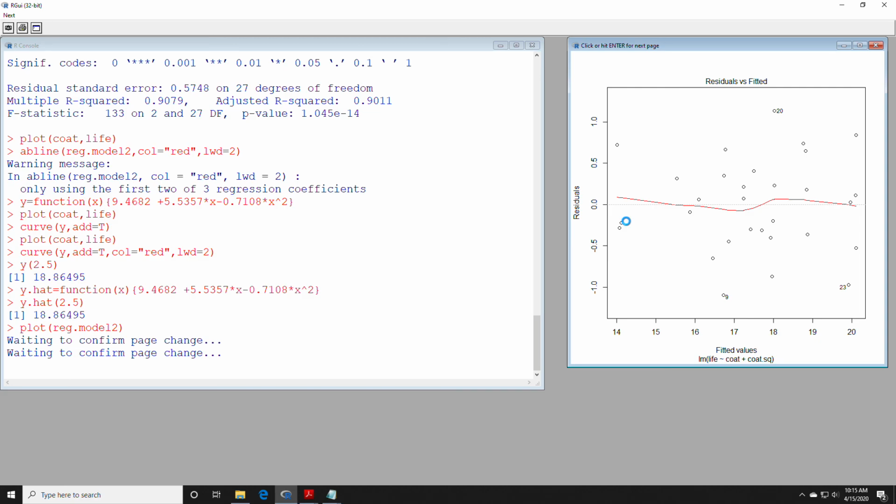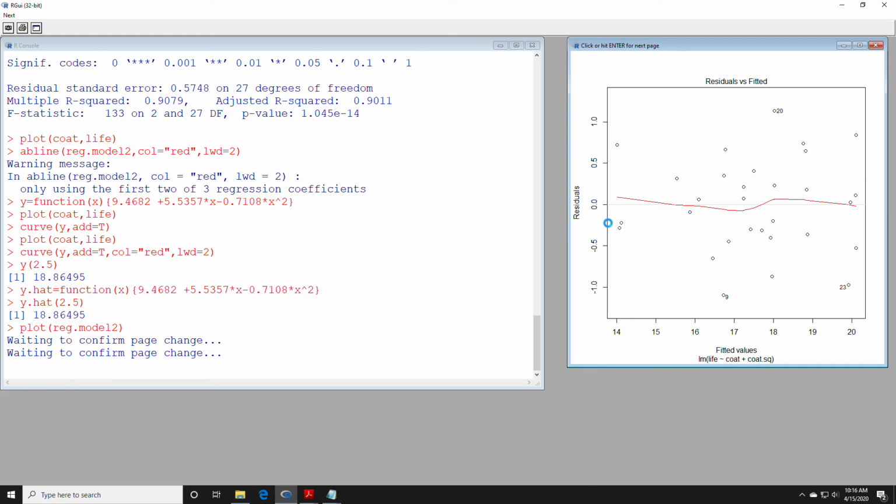The first graph that it's going to give you is the residual plot. Recall, this is where we can check all of the assumptions except whether the error terms are normally distributed. This is one of the things that we look for, and this plot function also gives you this nice red line.